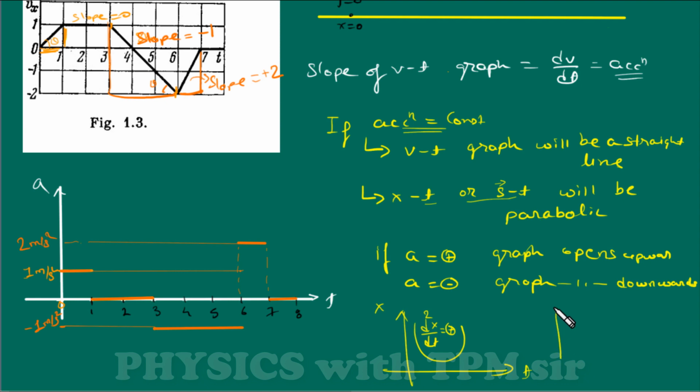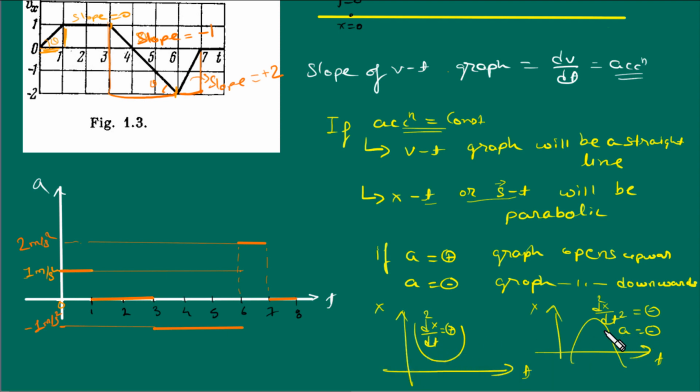Similarly, if the graph opens downward, then d square x by dt square is negative, or acceleration is negative. Second derivative of the position is acceleration. So you have to remember this.